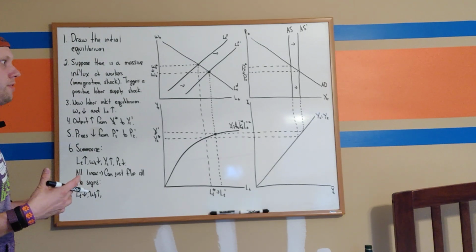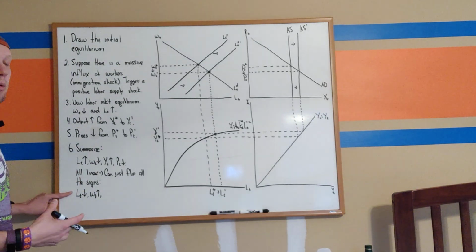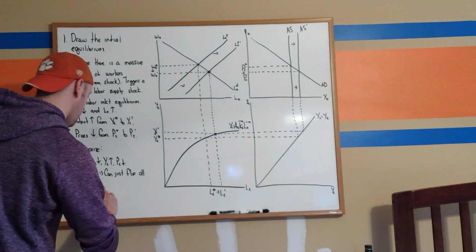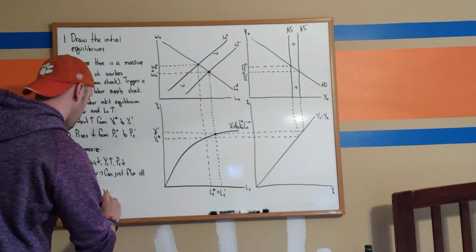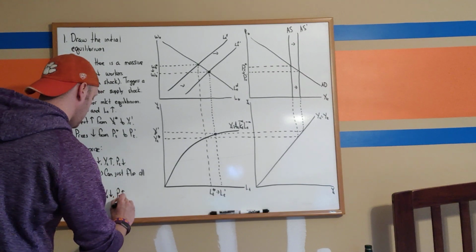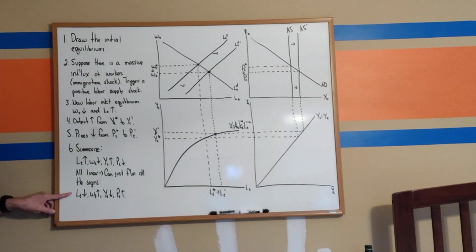So they're going to offer a higher wage to the remaining workers who are going to work more hours. So wages will increase, output will fall, and the price level will increase.